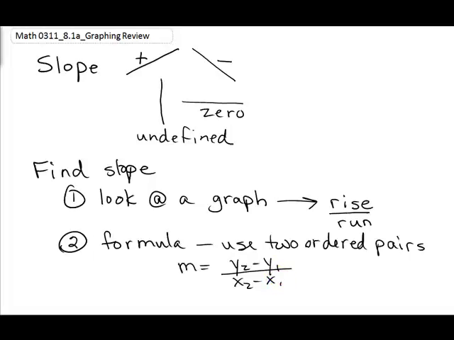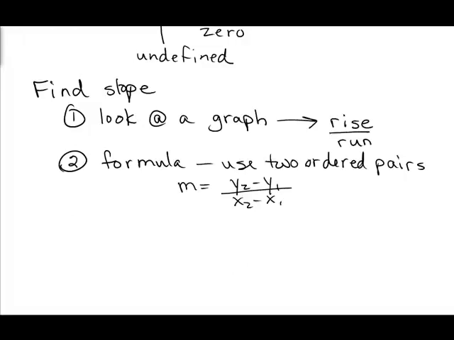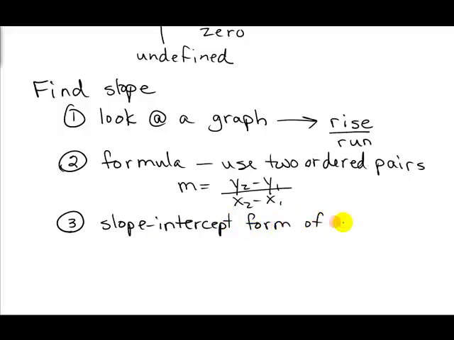And then the third way that we're looking at slope is, when we have an equation, we have the slope-intercept form of an equation. And I've already mentioned this some to you when we were talking about the function notation.